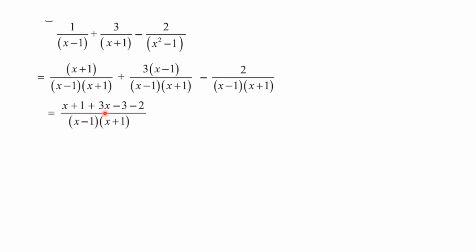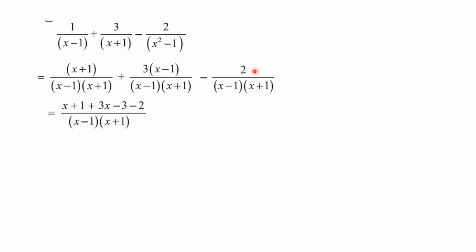Then if you find the LCM, I have x minus 1 here already, and I want to convert into x plus 1. So what am I supposed to do? I have to multiply up and down by x plus 1. Here look at this, x plus 1, here x plus 1. Then x plus 1 is there already, I want x minus 1, so I multiply up and down by x minus 1.